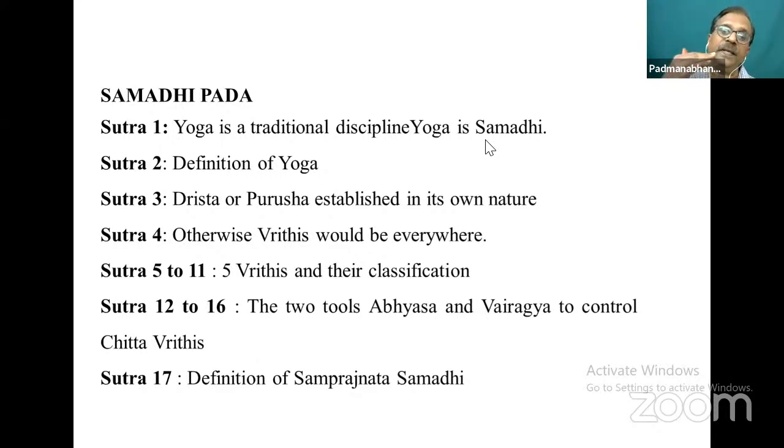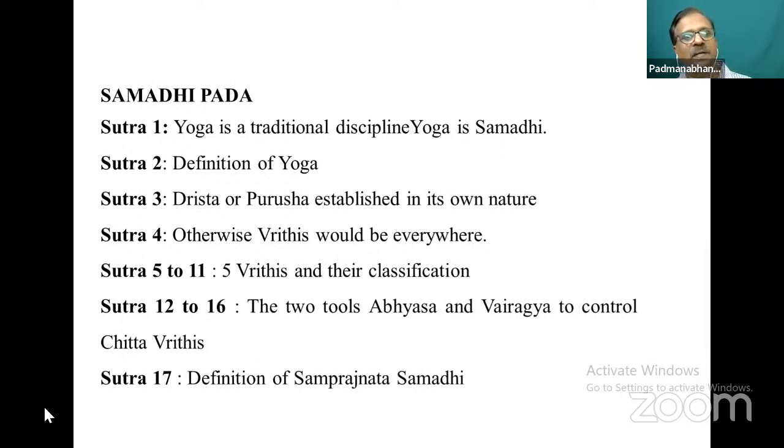The seen, whatever you see, goes on changing, but the seer never changes. And that seer is actually the drashta or the purusha. But we do not know that. Why? Because of avidya.